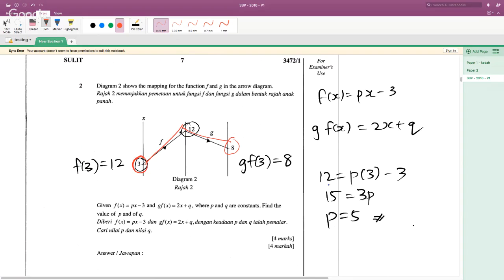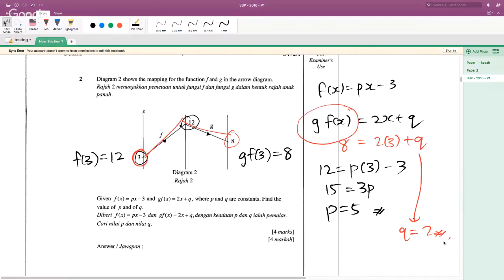So if you understand this, you can just do the substitution here. The whole thing equals 8 if I substitute 3 into the x: 2 times 3 plus q. So q equals 8 minus 6, so q equals 2. All right, should be able to understand, right? This one is considered very easy. If there is anything you can't understand, please let me know.